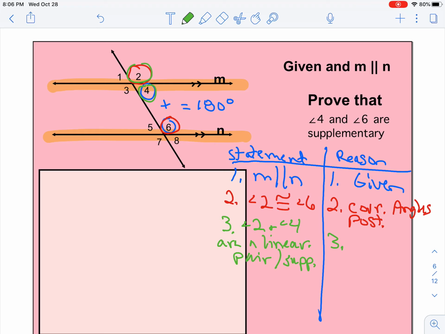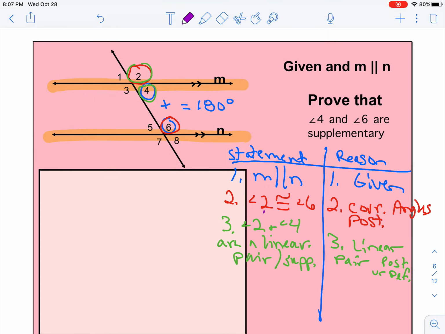And we could say definition of linear pair or linear pair postulate. So we'll just put linear pair postulate or definition. And that could be two separate steps if we really wanted to get nitpicky. But again, for where we're at right now with proofs, I think that's fine.